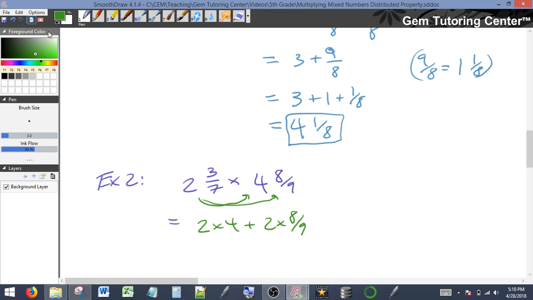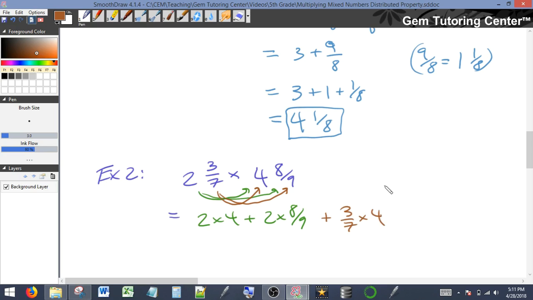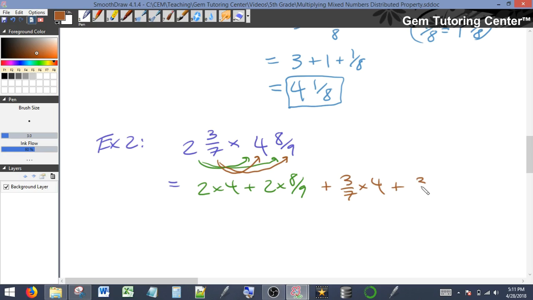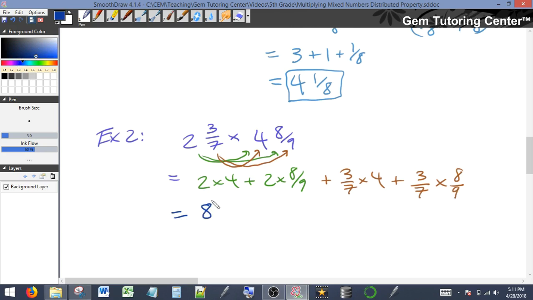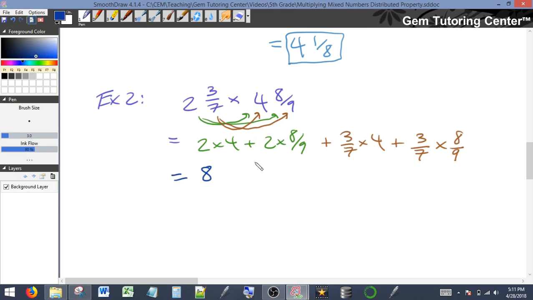And then we're going to have 3/7 times 4 plus 3/7 times 8/9. Okay, now we're going to simplify this. So this is 2 times 4 is 8, plus 2 times 8 over 9 is 16 over 9.